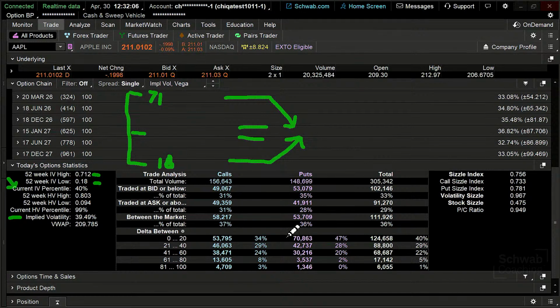It's probably not going to move all that much. It might fall, it might go higher, but I don't know for sure. But if I had an implied volatility percentile that was down in the 10th percentile, it's likely that that implied volatility is going to go up before it goes further down. And if I have an implied volatility percentile that's up in the 100th percentile, it's likely that that implied volatility is going to fall before it goes up.